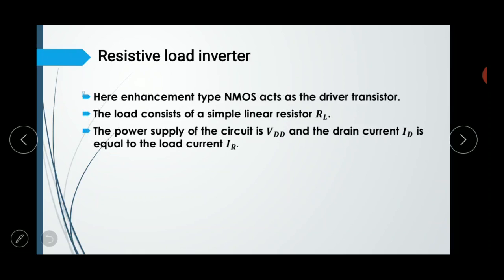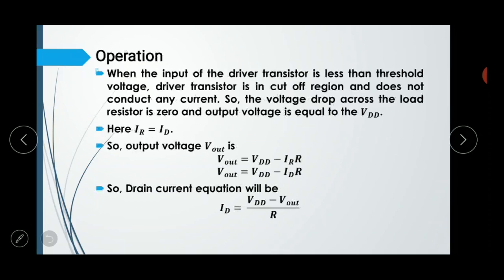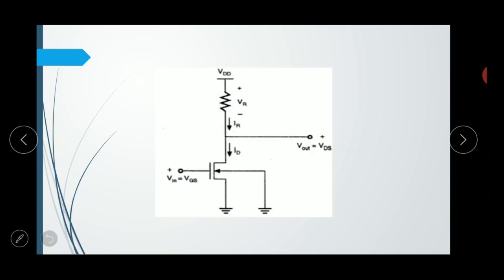So, resistive load inverter. Here, an enhancement type NMOS acts as the driver transistor and the load consists of a simple linear resistor. Let's go to the diagram so it is easier for you to understand.